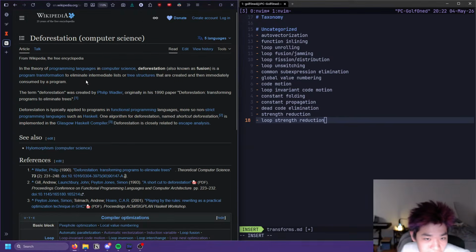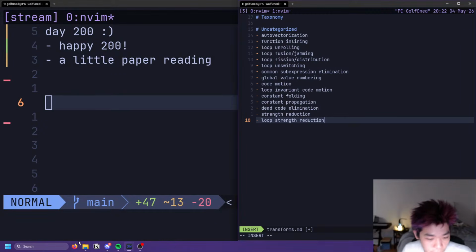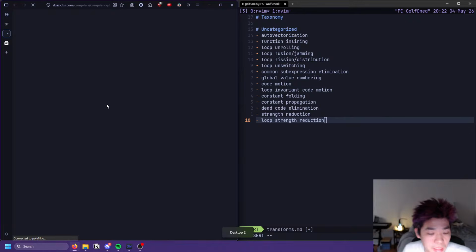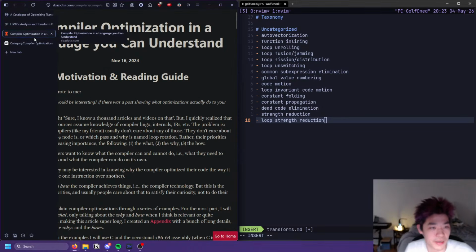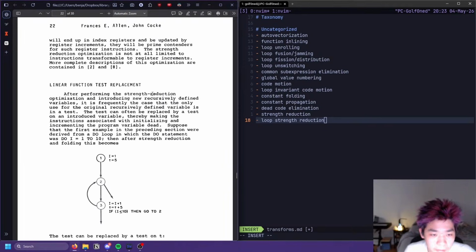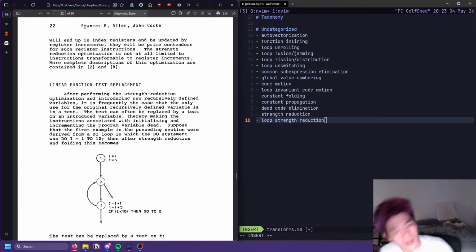Deforestation, what is... Okay, anyway, oh, that's not what I wanted to do. Okay, we figured it out again. I feel like this is kind of... I feel like we can kind of jam this into something else, though.